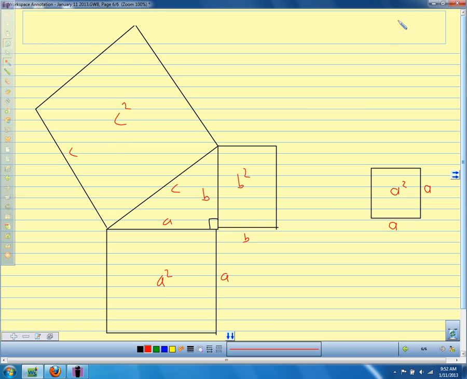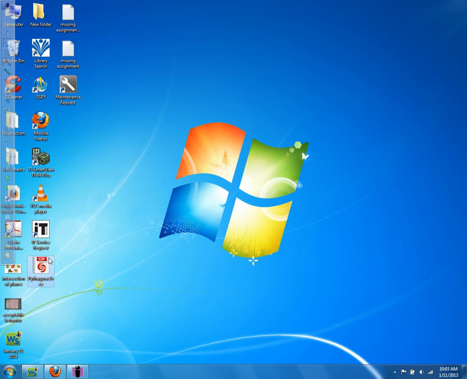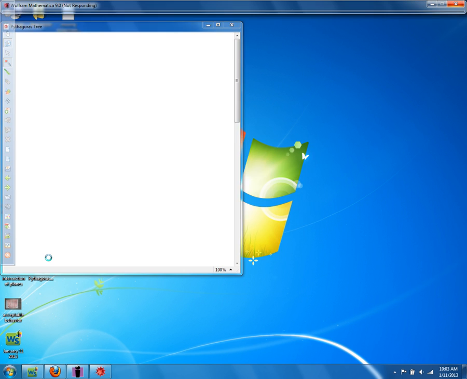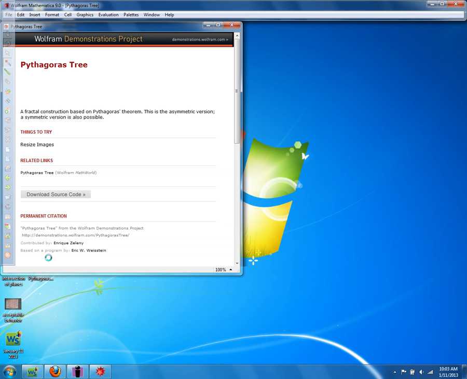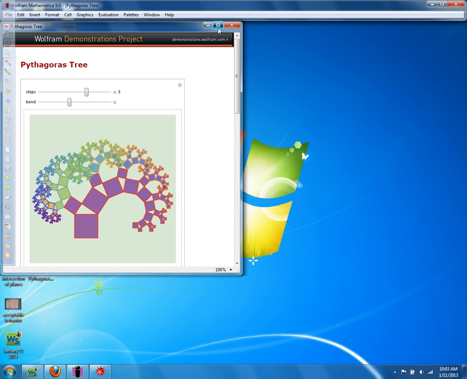So what we're doing on this, let me start this up because I have a nice little animated demonstration. What the picture was at the beginning was a tree that we can make using this idea with the Pythagorean theorem. Takes just a second to come up. There we go.